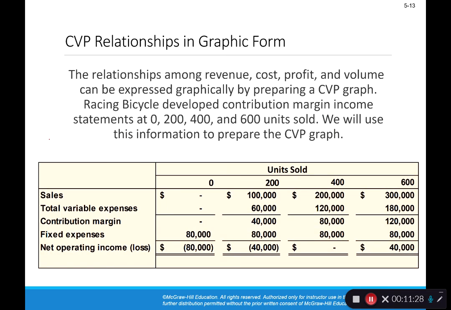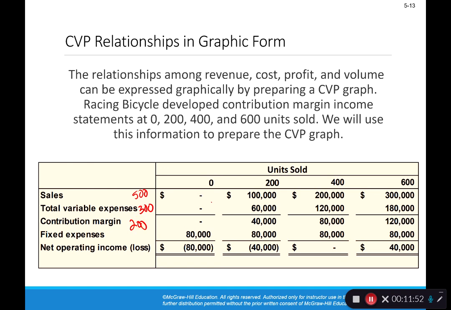So in order to put this in graphical form, we're going to take some data for our bike company, assuming they sell 0, 200, 400, and 600 units. To figure out these amounts, we take the number of units times the selling price, which was 500, and the number of units times the variable cost per unit, which was 300, and then the CM per unit was 200.